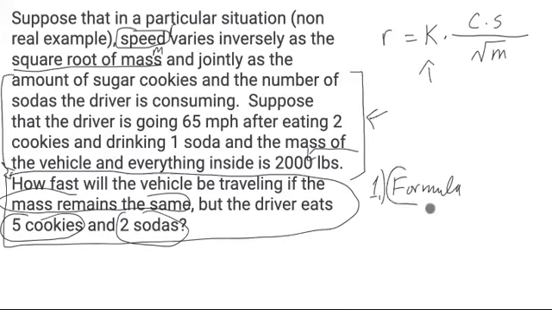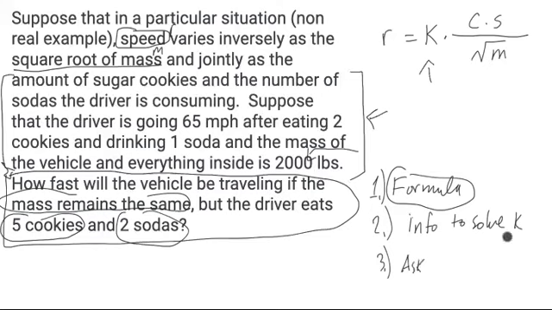Part 2 of the word problem gives you enough information so you can solve for K. So info to solve for K. And then 3, it asks you a question that uses that value of K. And that's it. 1, 2, 3. Honestly, these word problems can be tackled in such a way. We just did the first part, which was coming up with the formula, which we did right here.